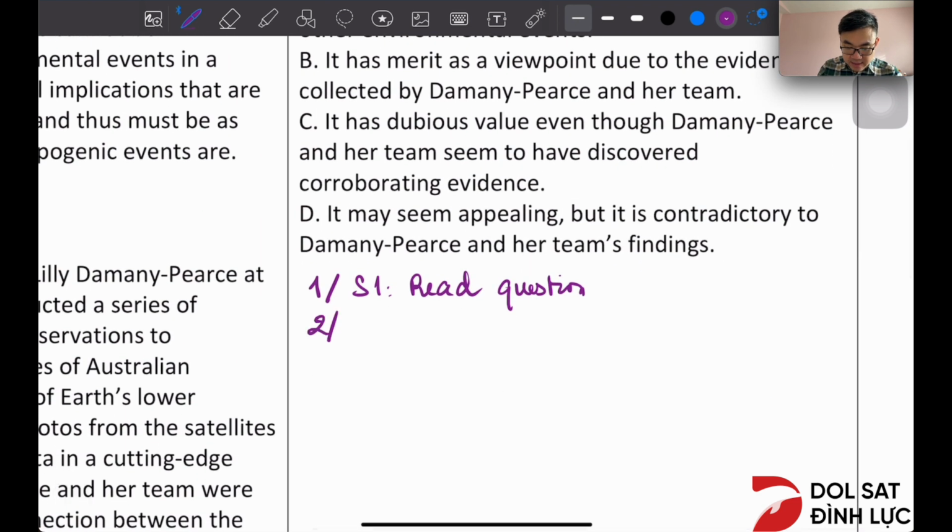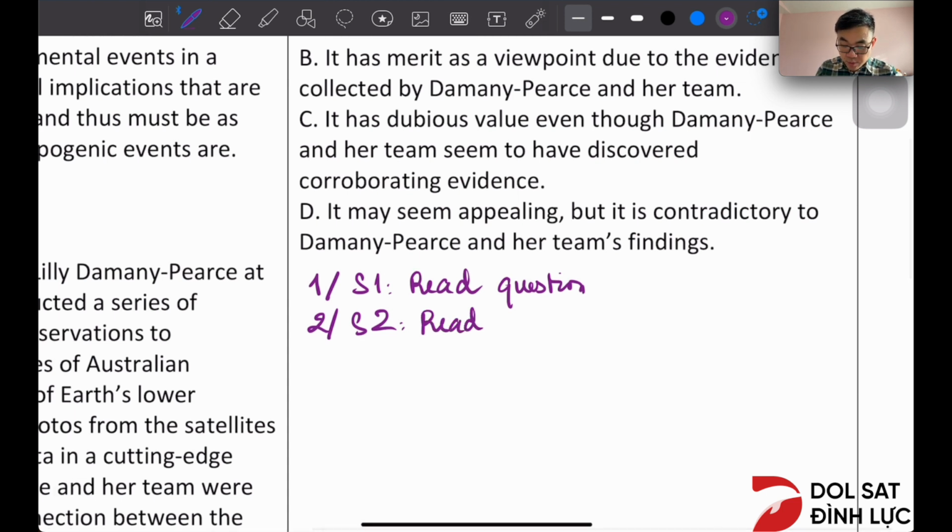Now, after that, in step 2, based on the question, you will go back to the text. In this step, you will read the text, and based on the kind of information asked about in the question, you will look for the relevant location in the passages for the information to answer.